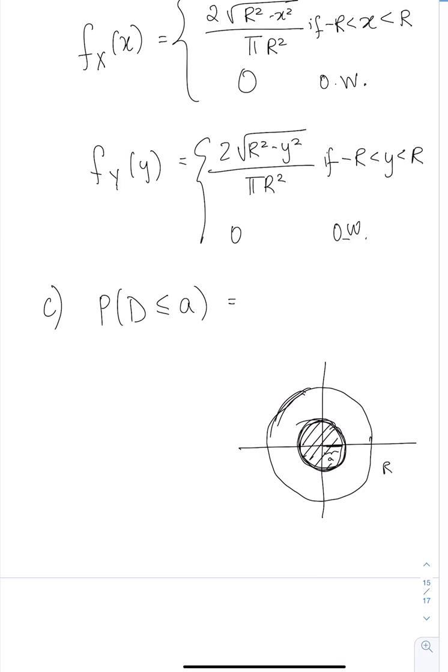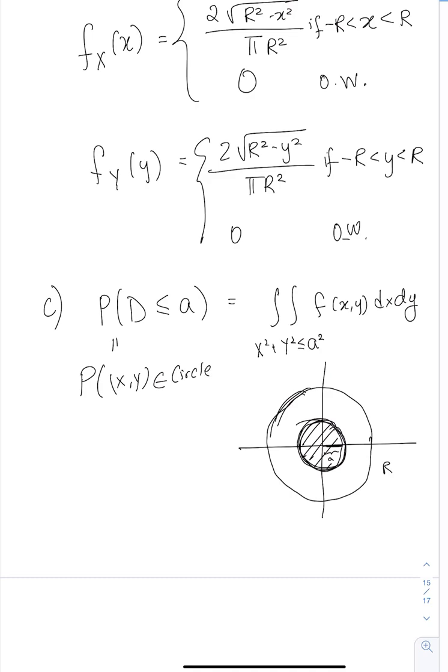So you integrate over the circle x squared plus y squared less than or equal to a squared, the density, because this is the probability that the point (x, y) is in the circle of radius a.